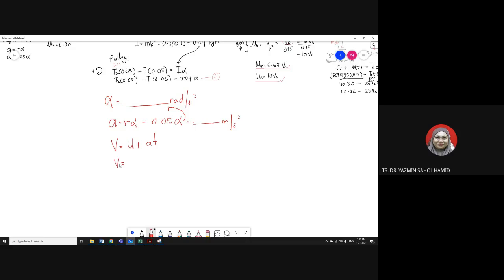U is 0. Acceleration is the acceleration you have found here. They ask you to find the speed of block A after 5 seconds, so you multiply by 5. You will get the answer in meter per second. Very easy, can you do it?